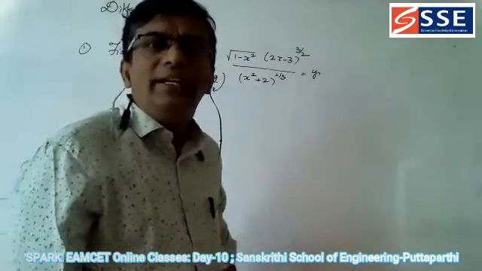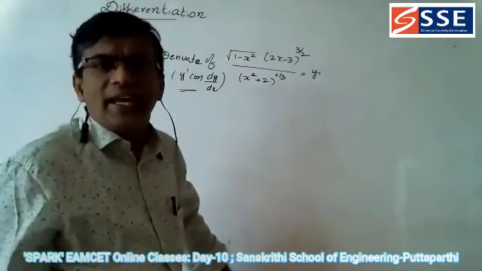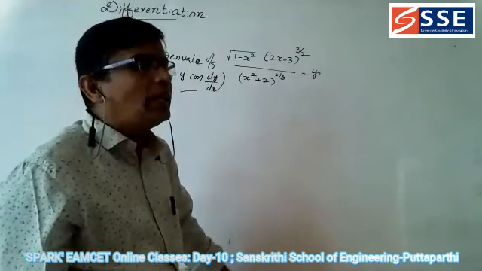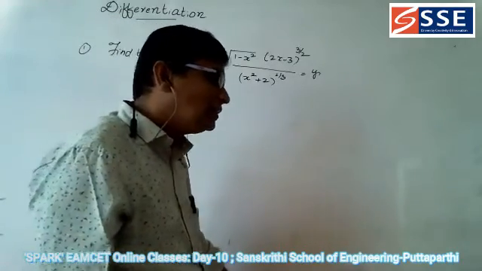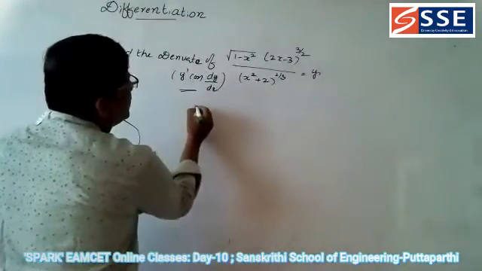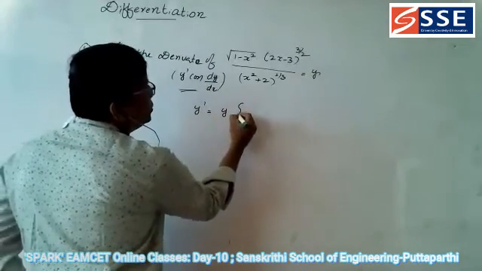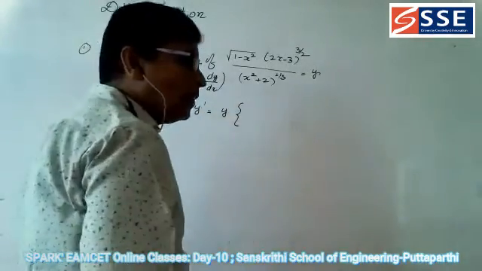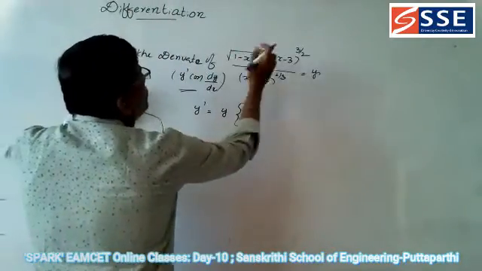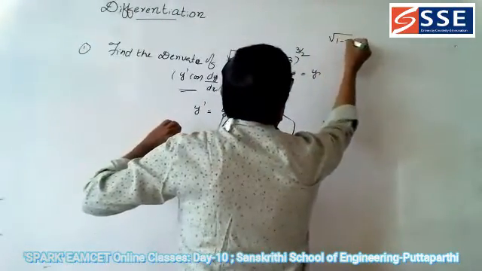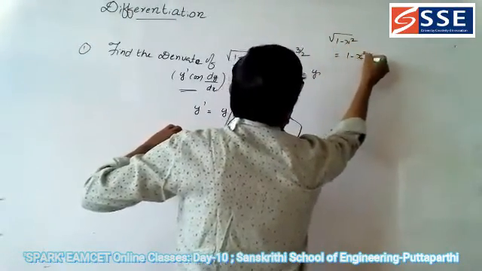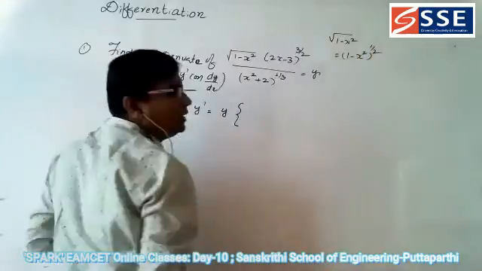How to do this one? It is very simple to write the answer for that. Let us consider y dash is equal to, directly you can write the answer, y into... What do you mean by root of 1 minus x square? How can you write this as a power? 1 minus x square whole power 1 by 2.